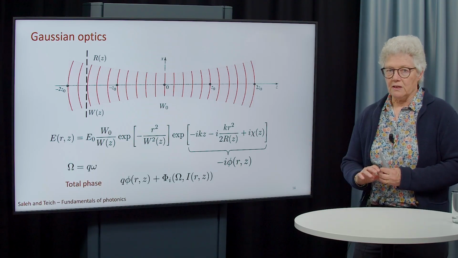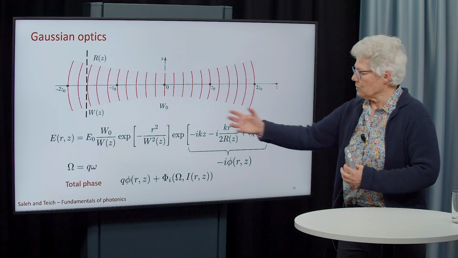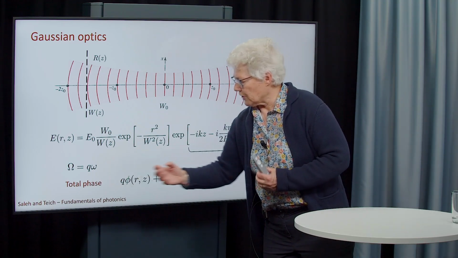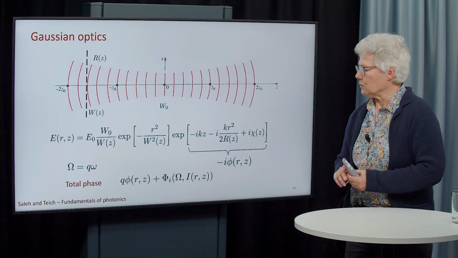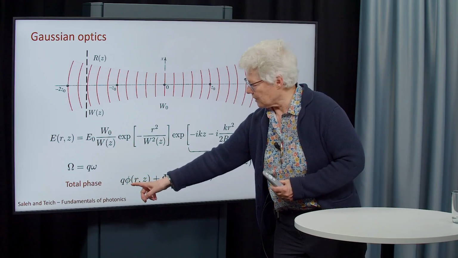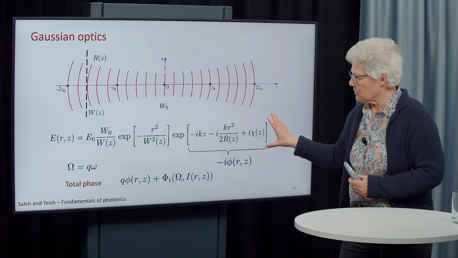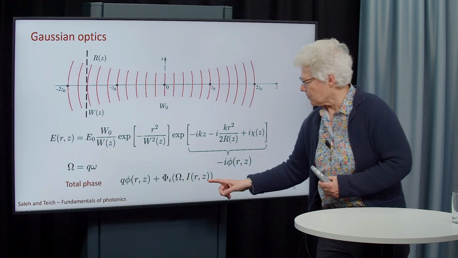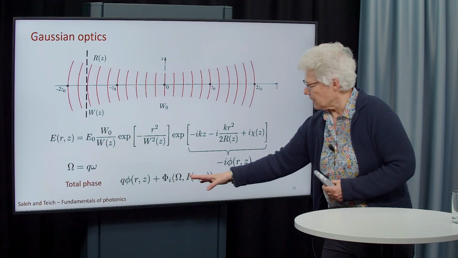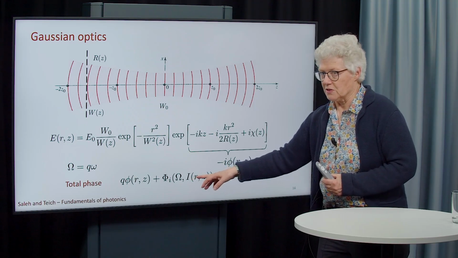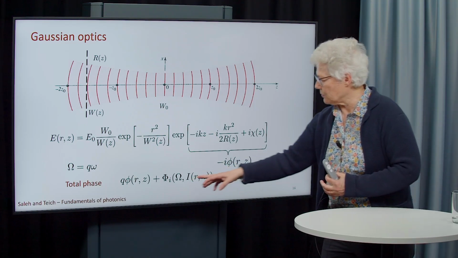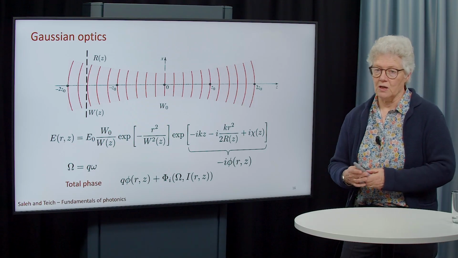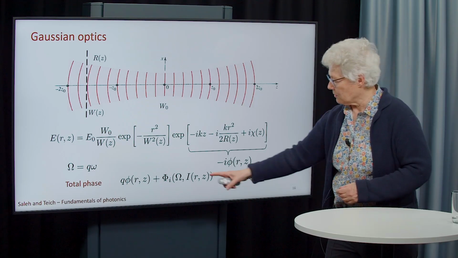Now let's look at harmonic generation from this Gaussian pulse. The phase of the harmonic field will be equal to q times the phase of the Gaussian beam plus the dipole phase for a certain trajectory, as a function of intensity. And now we are going to look at how this dipole phase depends on the spatial parameters of the intensity.